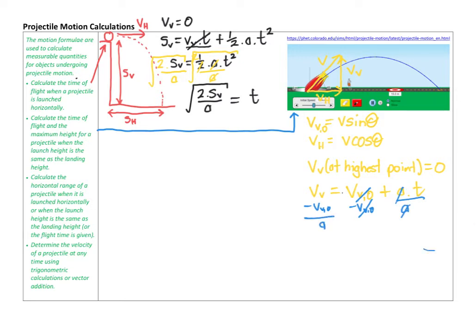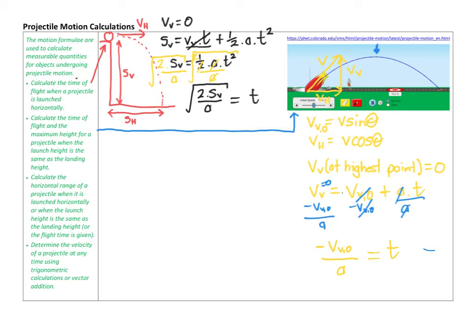And we're going to also remember that V, the final vertical velocity, so the vertical velocity at this highest point up here, is going to be equal to 0. So after we simplify that all down, we get left with minus VV0, so minus the initial vertical velocity, divided by the acceleration, will equal the time of flight.